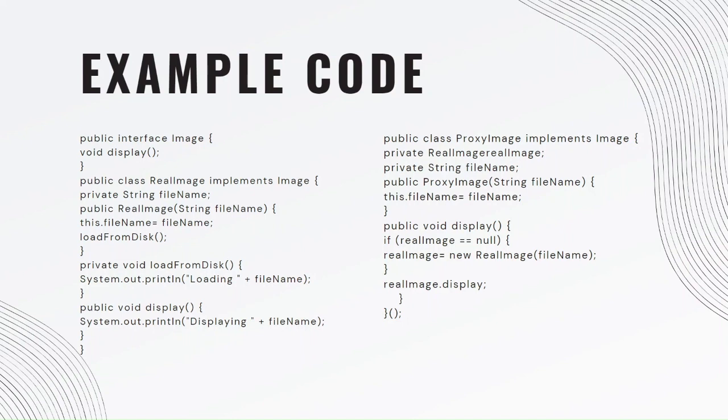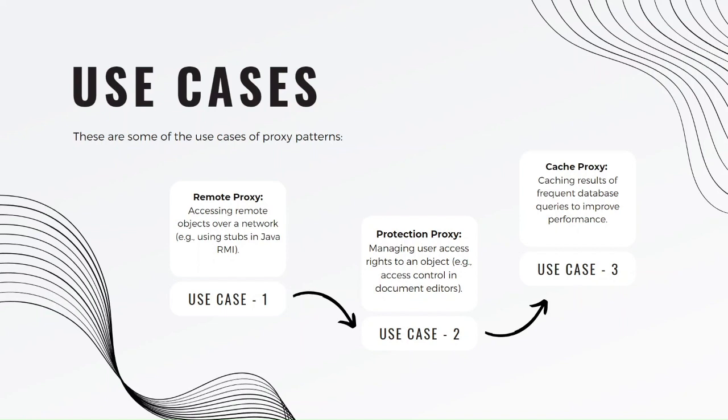So let's move to some of the use cases of proxy patterns. There are also many use cases of proxy pattern, but here we have discussed three of them, the most famous: remote proxy, protection proxy, and cache proxy.